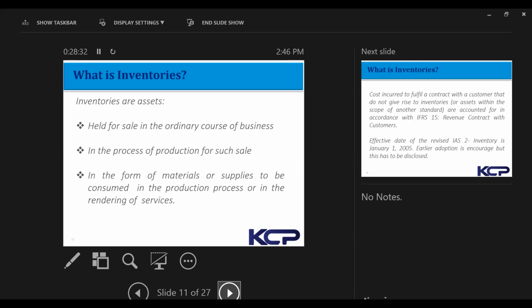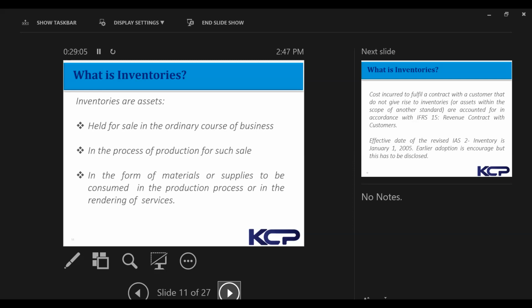Either the one we have manufactured ourselves, the output of that production process, or the ones we go to the market to buy as ready-made goods. Is that clear? Or the raw materials have been put into the production process, but the whole productive process has not been completed, which we then call work in progress. So it can be in any of these forms. The standard recognizes that, right?